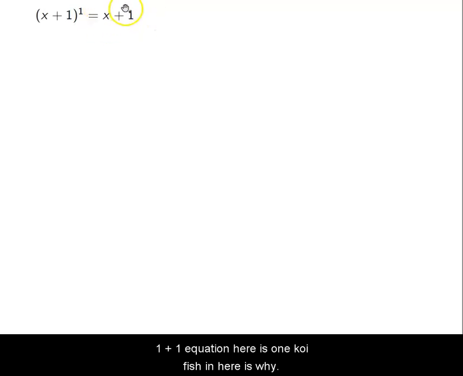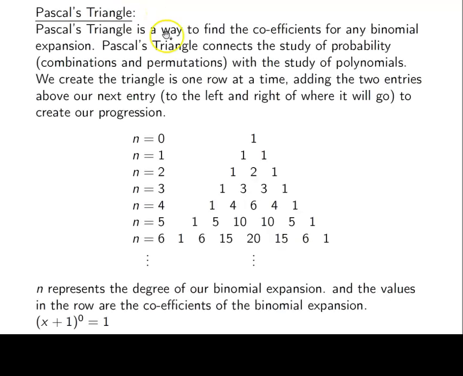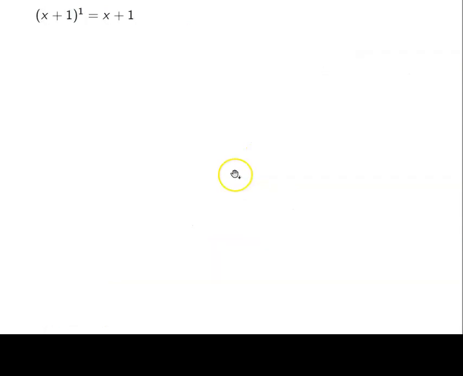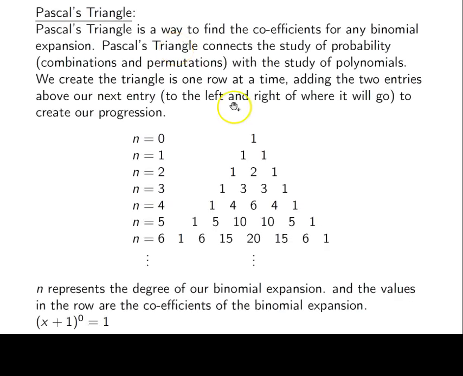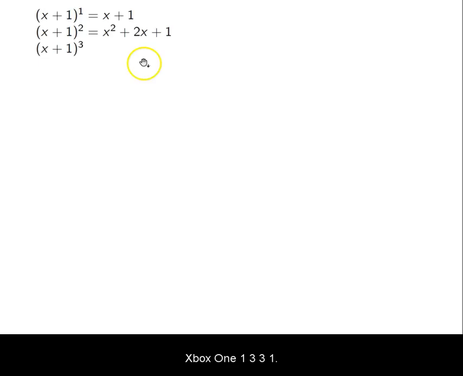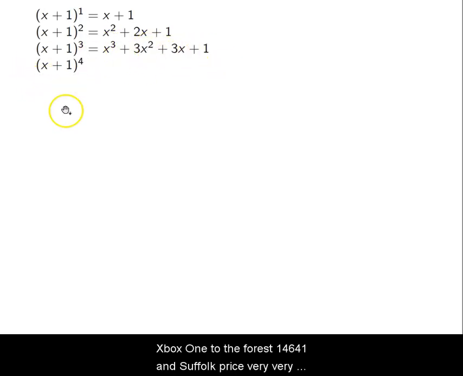The coefficient here is 1, coefficient here is 1. X plus 1 squared, 1, 2, 1. X plus 1 cubed, 1, 3, 3, 1. X plus 1 to the fourth, 1, 4, 6, 4, 1.